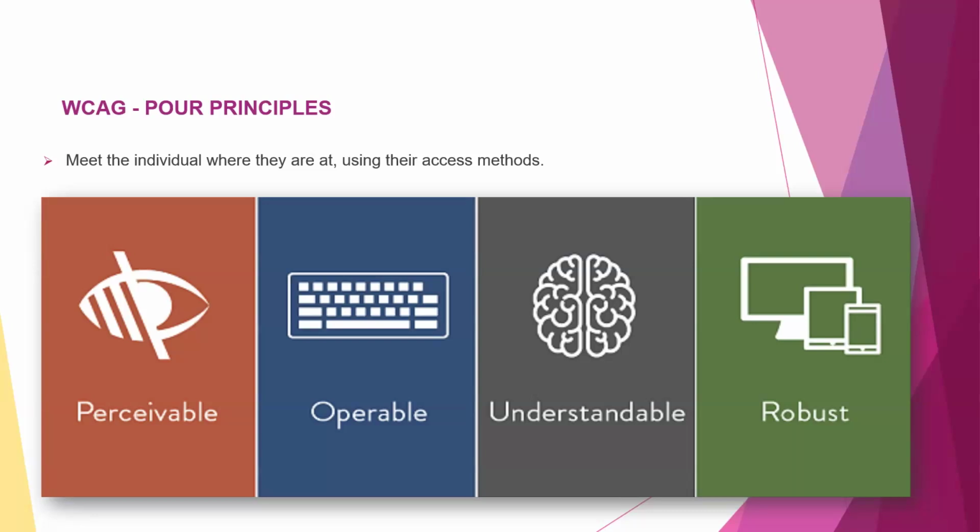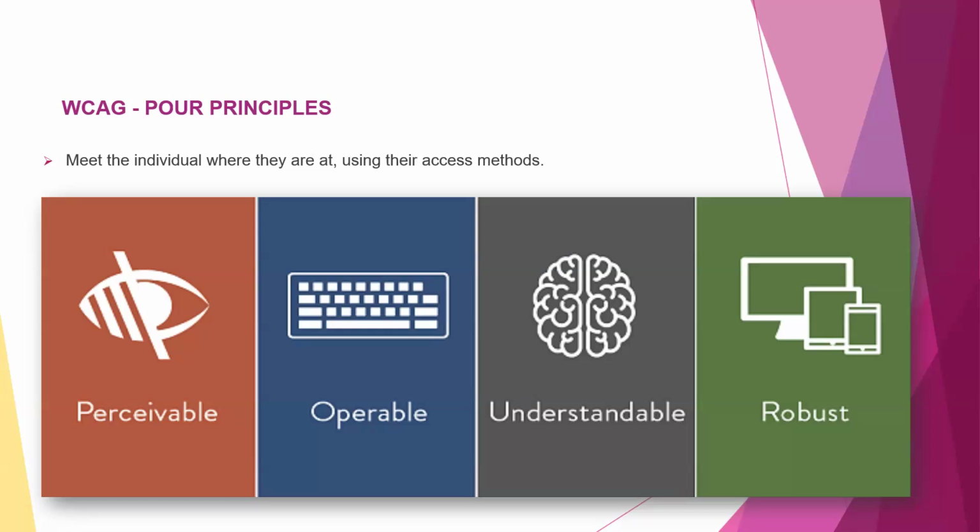So the core principles is based on four words: perceivable. Perceivable means that an accessible website is built for more than one sense. Since you don't know what sense a person uses to access your website, the WCAG guidelines help us include the right pieces.